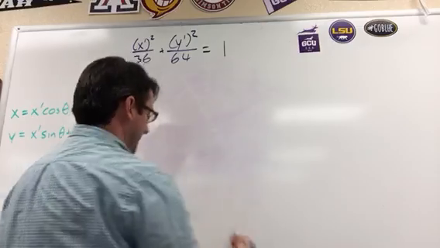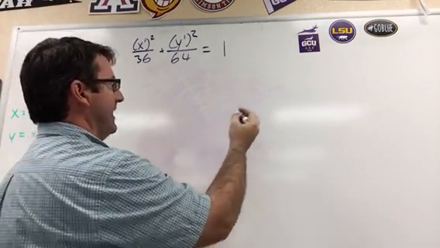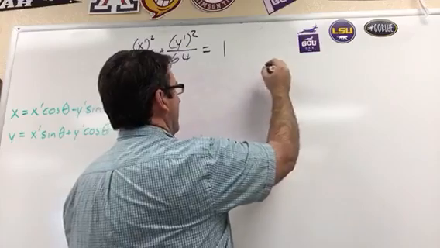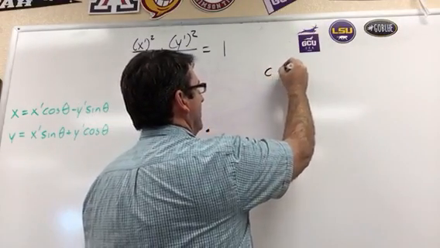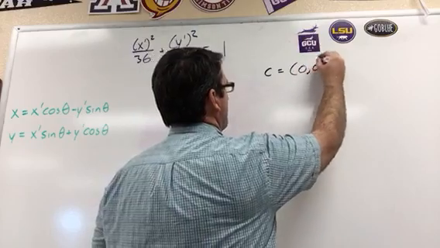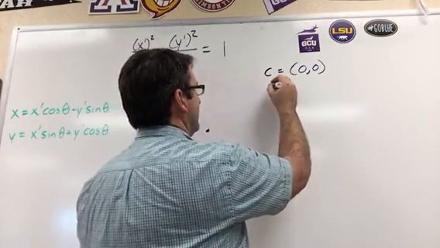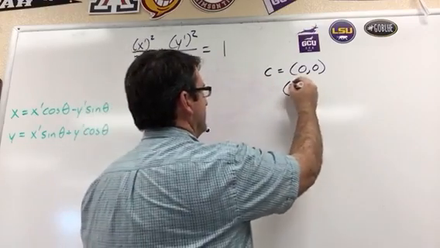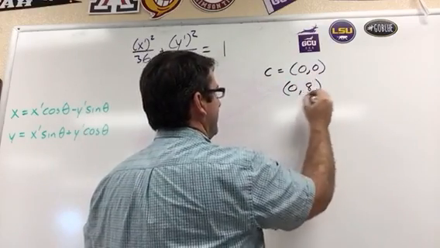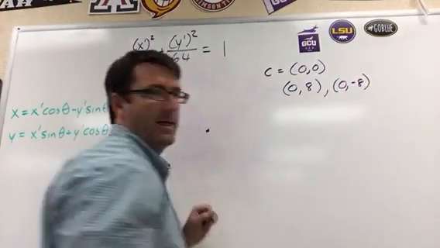convert our vertices. So in our original graph, we had vertices. Our center, of course, is at 0, 0. And we had vertices along the y-axis at 0, 8, and 0, -8.